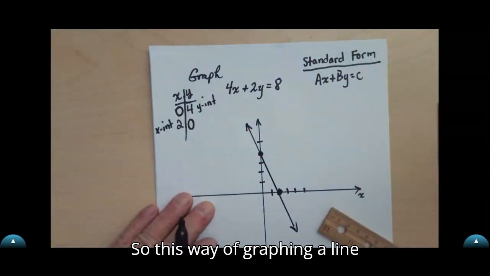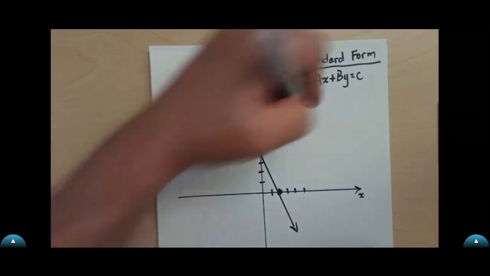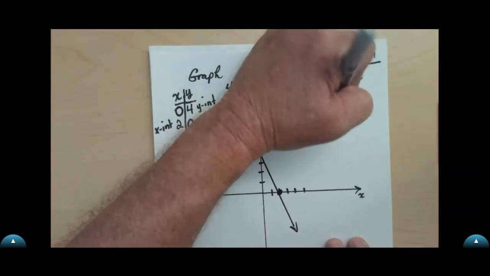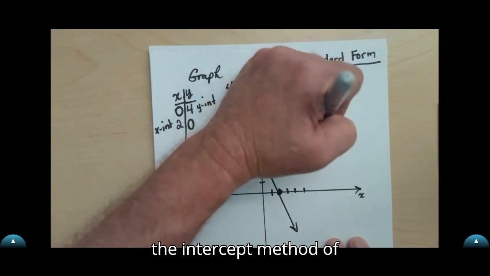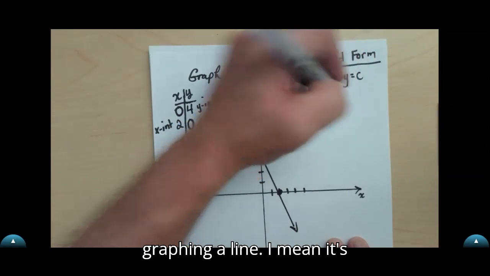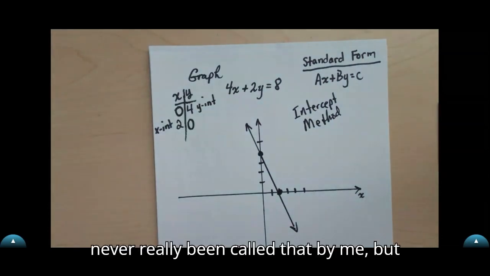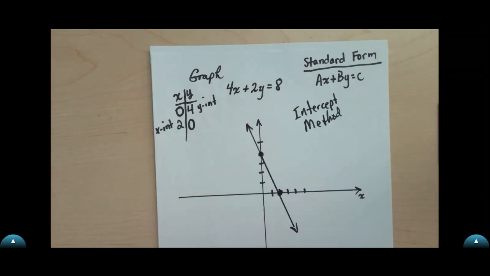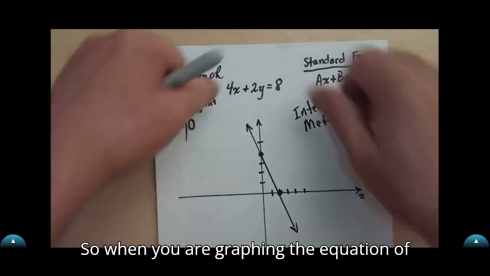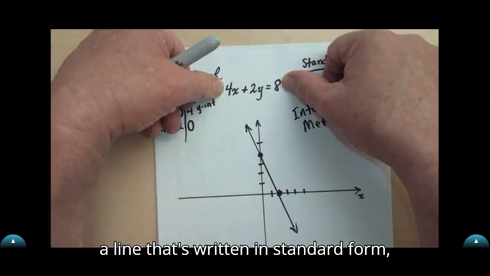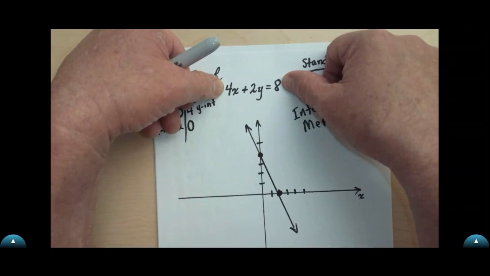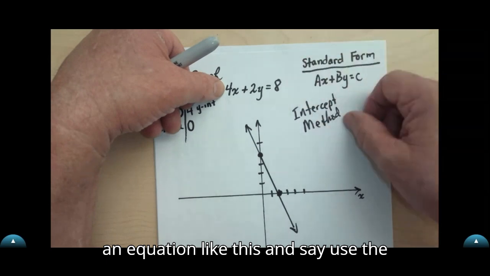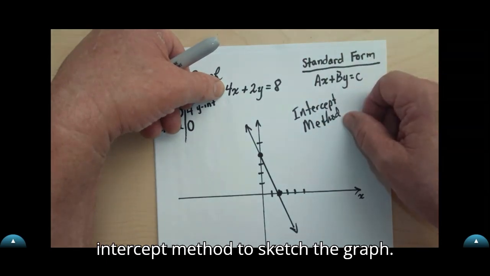So this way of graphing a line is sometimes called the intercept method of graphing a line. I mean, it's never really been called that by me, but it is called by that name in the book. So when you are graphing the equation of a line that's written in standard form, they may, in a homework problem, give you an equation like this and say, use the intercept method to sketch the graph.